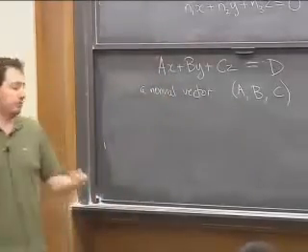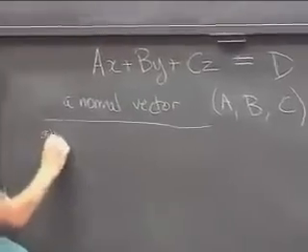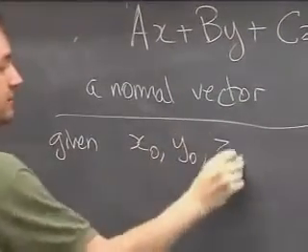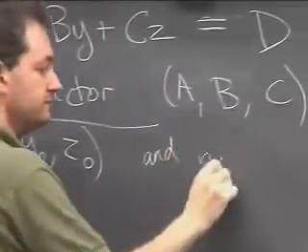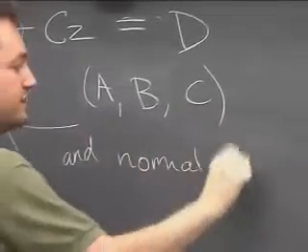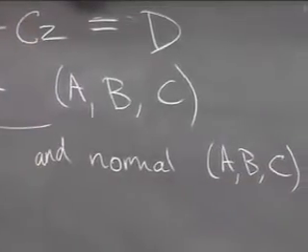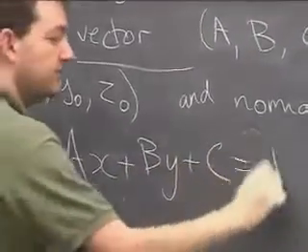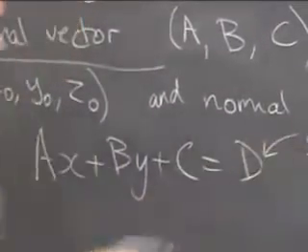Or, the other way, suppose you're given a point x0, y0, z0 and the normal A, B, C. Then you just write down AX plus BY plus CZ equals D, and we know A, B, and C. The question is, what is D?